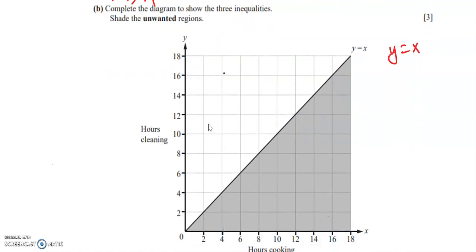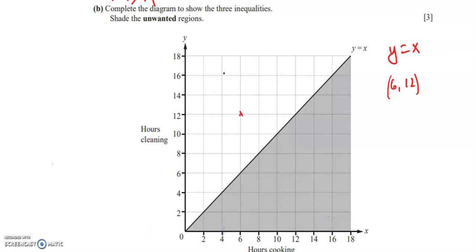So for instance, if you pick a point above the line, which is (6, 12), you can see 6, 12 here, you can see that in that case, x is 6 and y is 12.